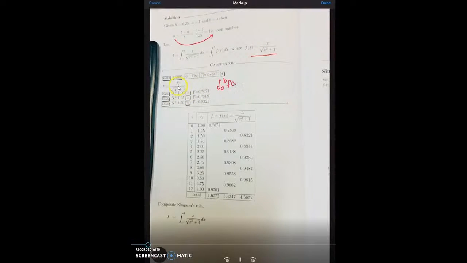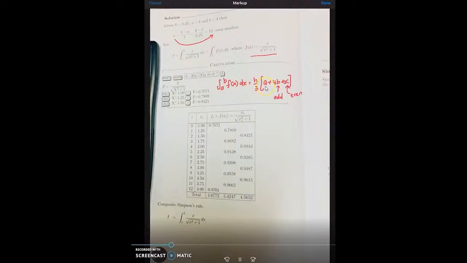So to find the integral of f(x) dx using the composite Simpson's rule, the formula is h divided by 3, A plus 4B plus 2C. What is A? A is the summation of F0 and F12. What is B? B is the summation of Fi, i is odd.